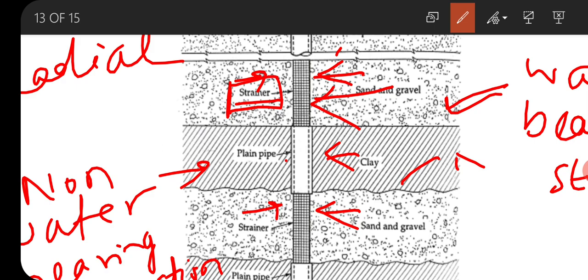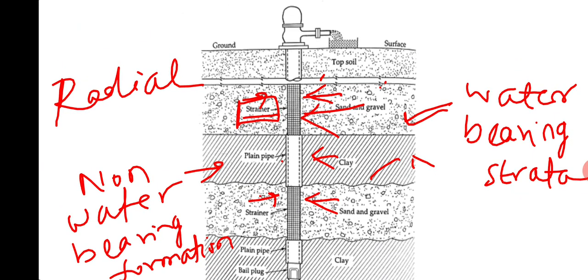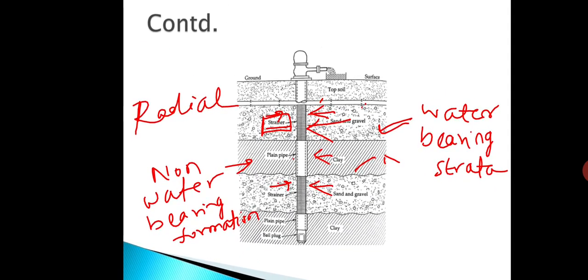If we reduce the size of the wire mesh, it may result in choking of the strainer, and if the wire mesh is kept bigger, the well will start discharging sand. Therefore, it is not suitable for very fine sandy strata.